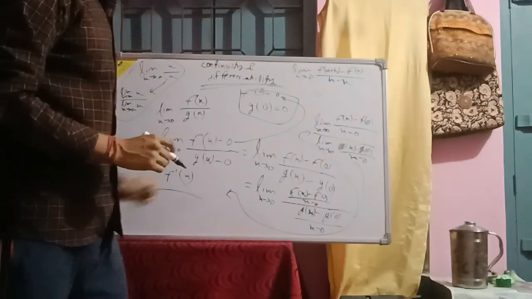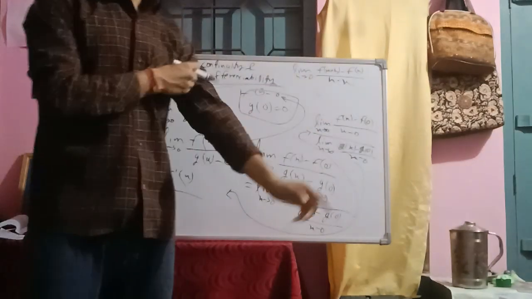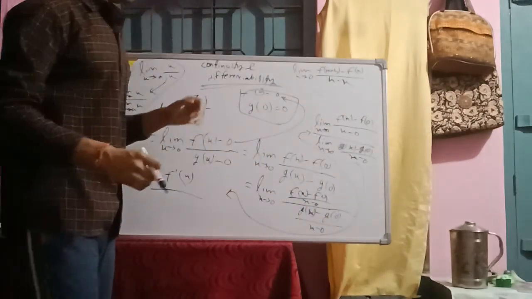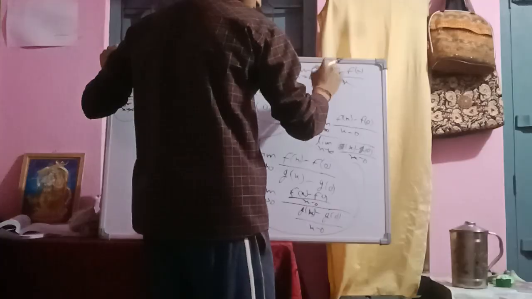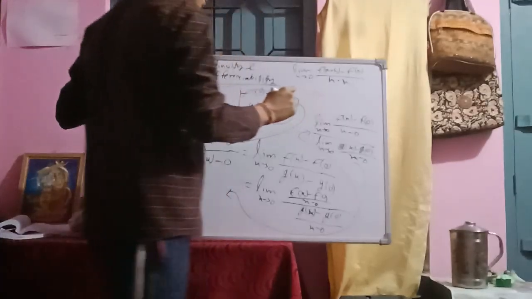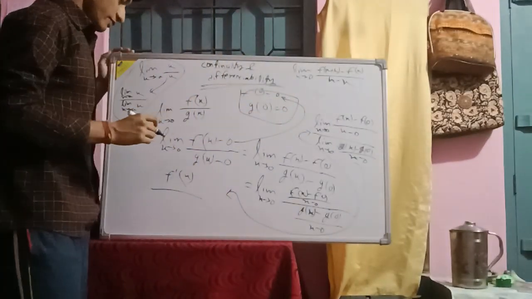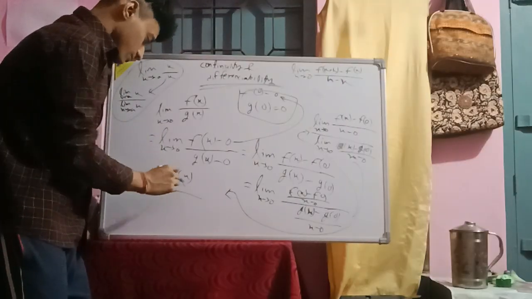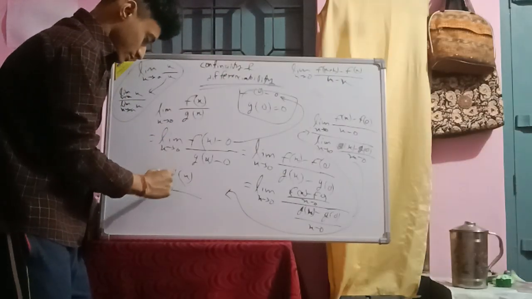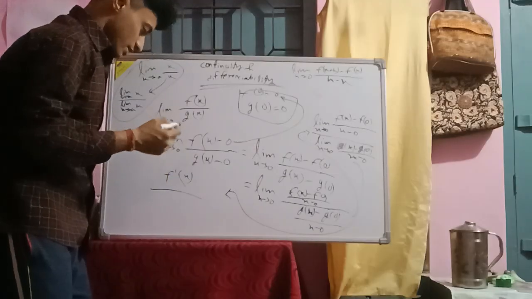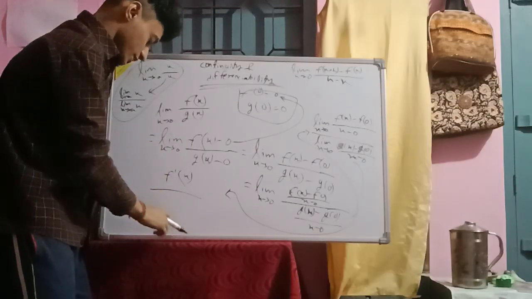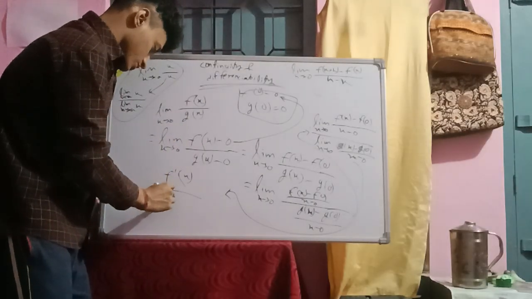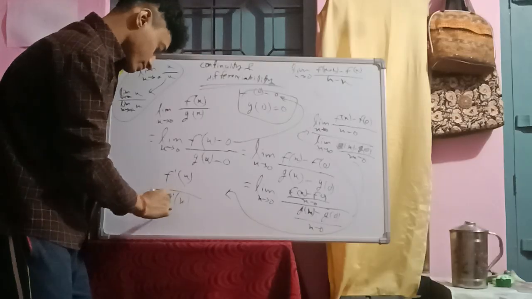I'm not going to get deep into why differentiation is defined like this. I would definitely recommend watching a previous video about calculus if you are not able to understand what has happened here. For now, this becomes f prime of x, f dash of x, the rate of change of the function f, over g dash of x, the rate of change of function g.